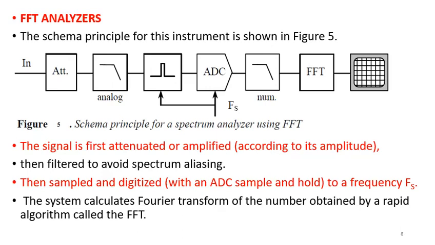Now, whenever I want to sample this 10 kilohertz, if I set my sampling frequency to be 20, I obey the Nyquist-Shannon theorem. But I don't know that we have multiples of that as a result of what? Harmonics. And that will cause aliasing. That is failure to reproduce the original signal whenever you are changing it back to the analog form. Then, as I have explained, after this filtering, I'll go to my sample and hold circuit.